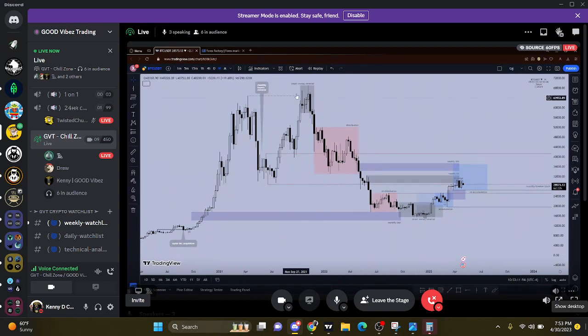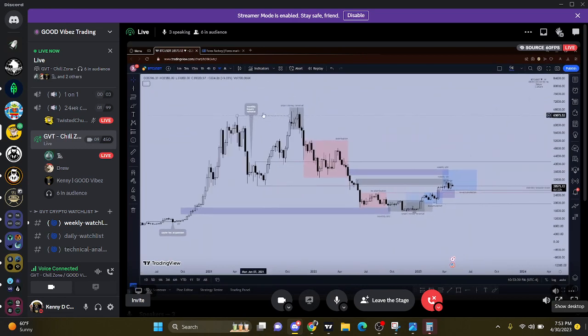But the way things are looking, in order for Bitcoin to see 50, 70, we have to get over 42, 41.3. A very strong wall breaks the block.